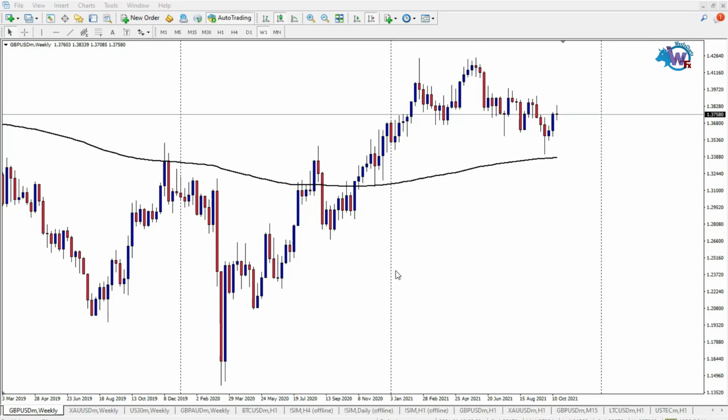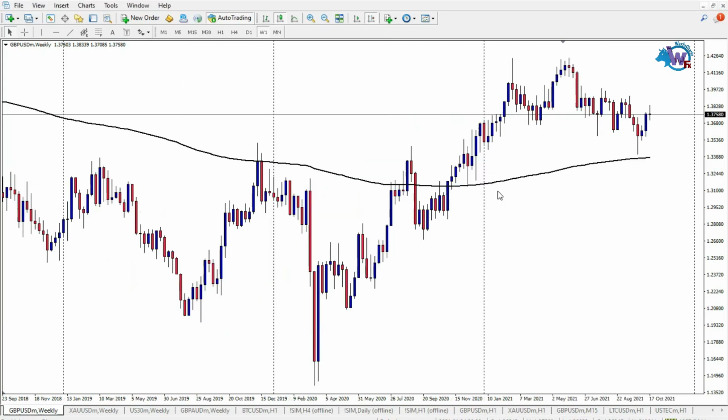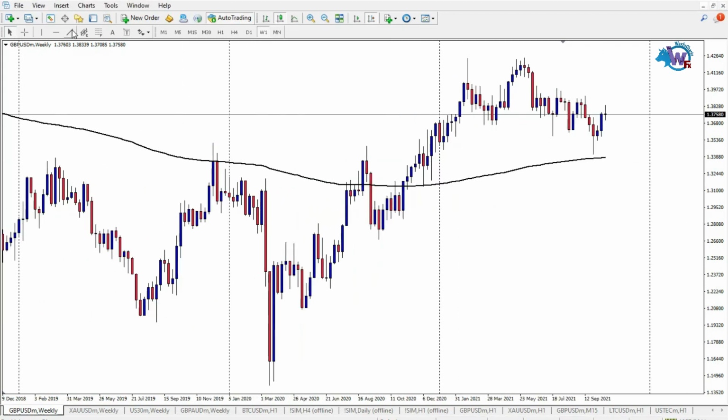On the pound dollar, this is the weekly time frame. Let's take a look at what is going on. Pulling my trend line.